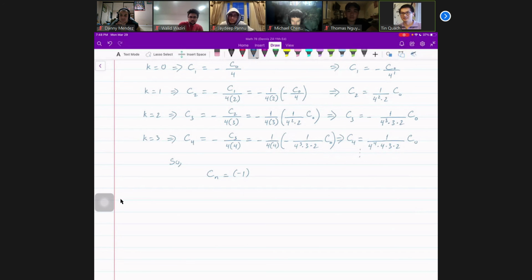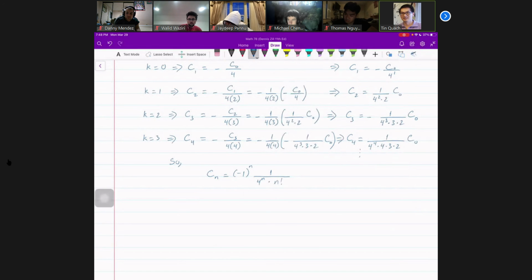And then you have 1 over 4. So you see the 4 raised to the power that matches the subscript, so it should be 4 to the n. And this is 4 times 3 times 2, which is 4 factorial, right? And this is 3 times 2, which is 3 factorial. This is 2 times 1, which is 2 factorial. So that should be n factorial, okay?